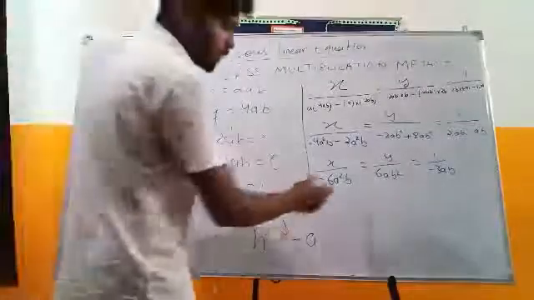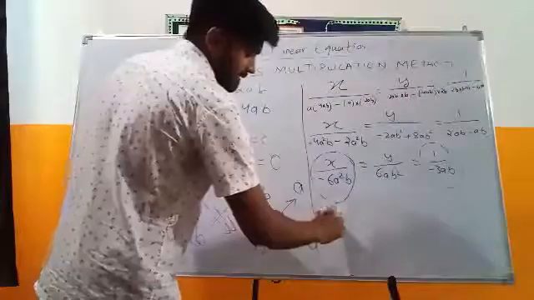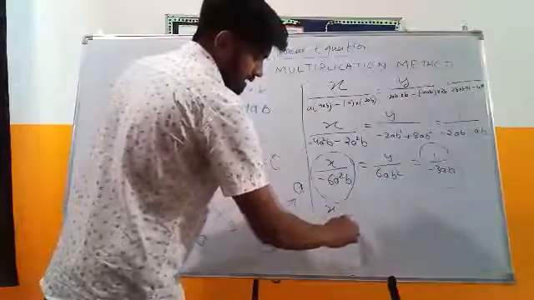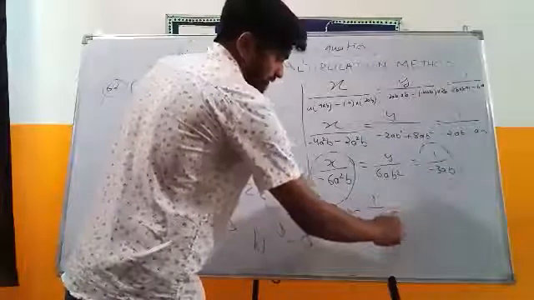If I have to find the value of x, then I have to take this one and this one. So x upon minus 6a square b equals to 1 upon minus 3ab.